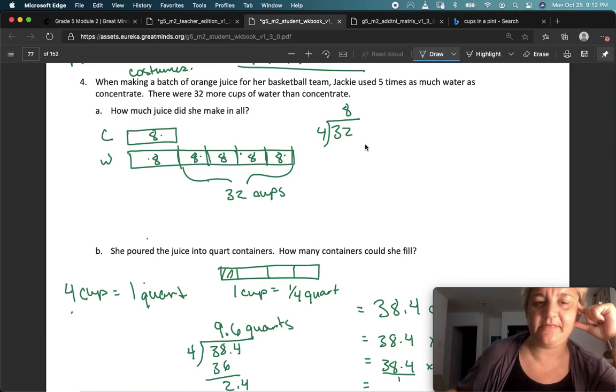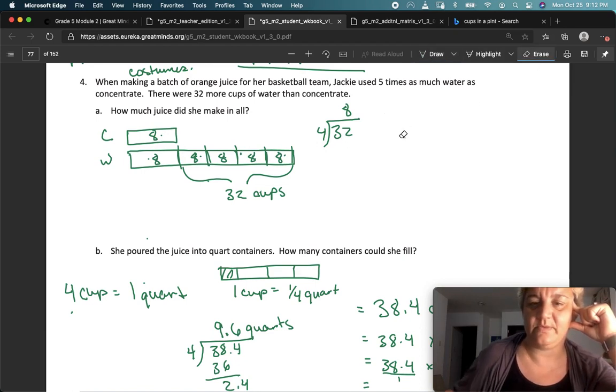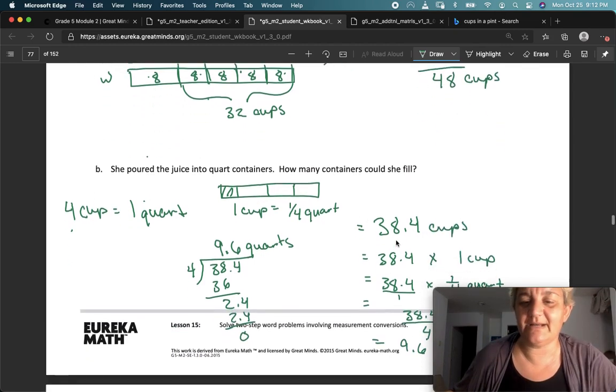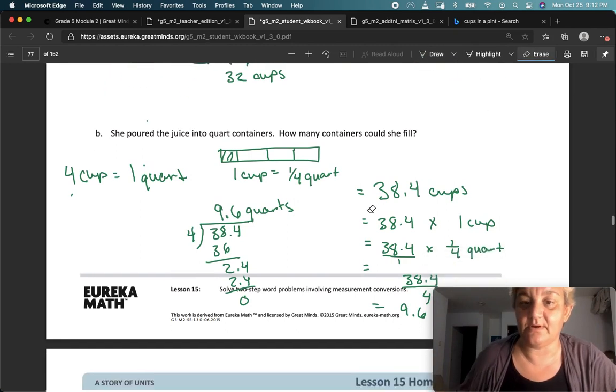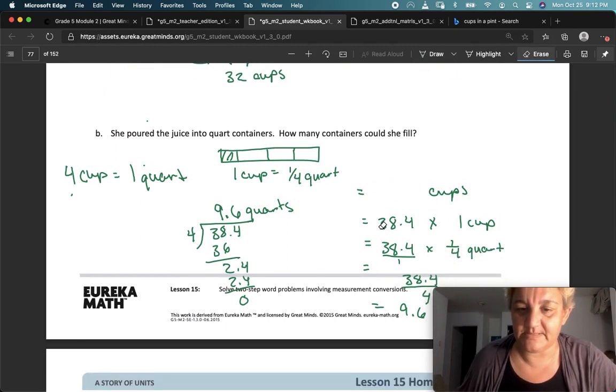So all together, we've got 8 times 1, 2, 3, 4, 5, 6 equals 48 cups all together. So down here, when I said 38.4 cups, I was wrong. I should have put 48 cups. So let's redo all this math.